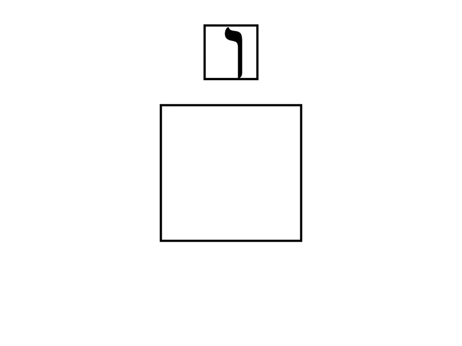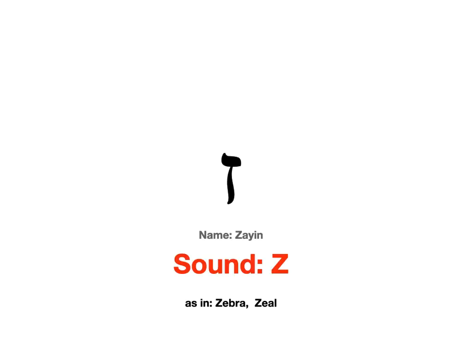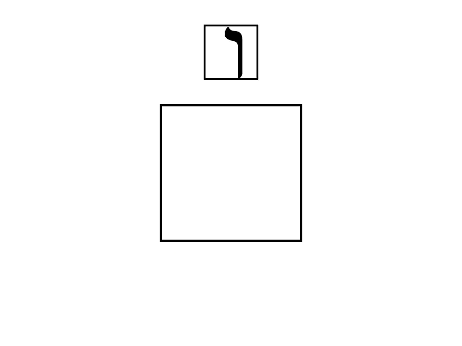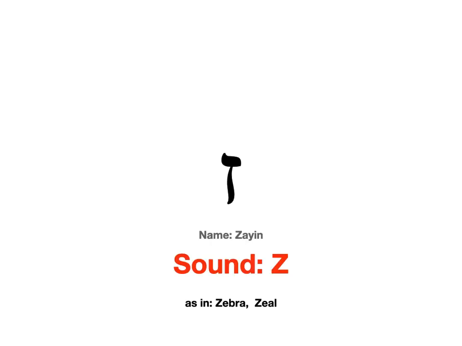The next letter is Zain, and it is very similar to vav, except it has a little roof on the top of the line. Notice the vav is just a straight line. It can have a little hook on the top to the left. However, when you look at the Zain, it actually has a clear separation. It's a kind of roof at an angle on the top, and then a straight line down.